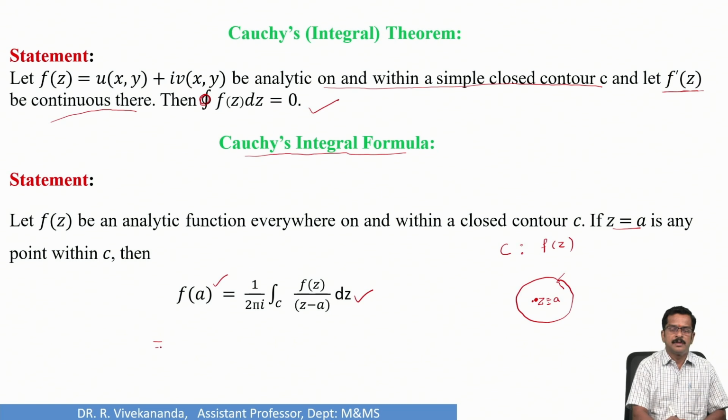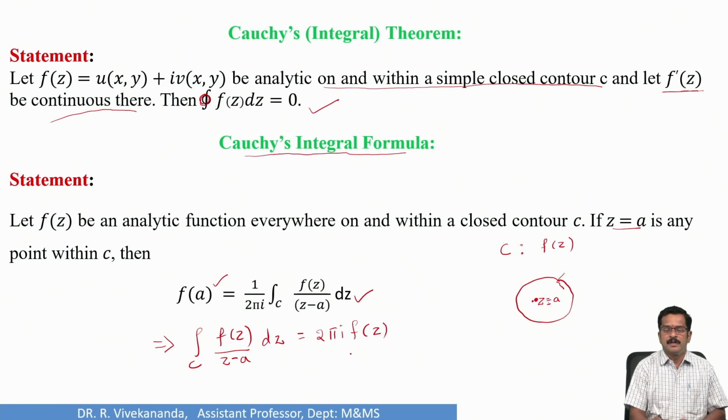From this, the integration over c of f of z by z minus a dz equals 2 pi i into f of a, the function value at the singular point. So this is the integration value of the function when singular points exist.